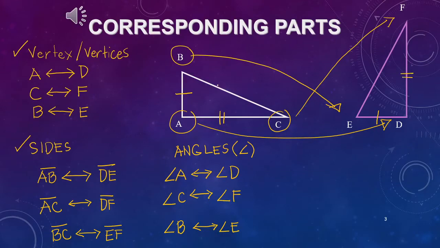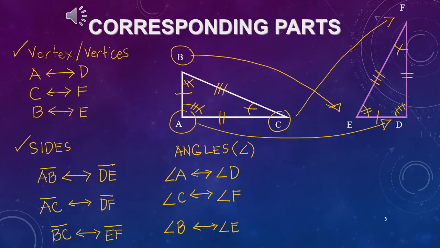I'm now putting symbols. This side is congruent to this side. This angle is congruent to this angle. This angle is congruent to this angle here. And this angle is congruent to this angle.